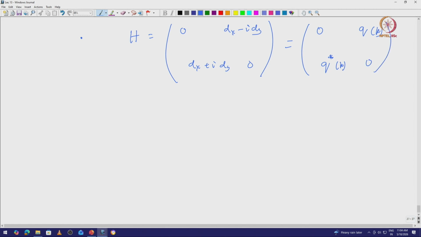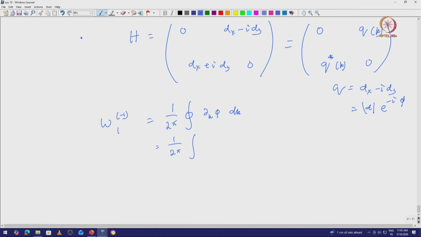So, then this winding number for the minus band, we can write it as: q is dx minus i dy, equal to d e to the power minus i phi. It can be written as an integral of q inverse del q, dq.